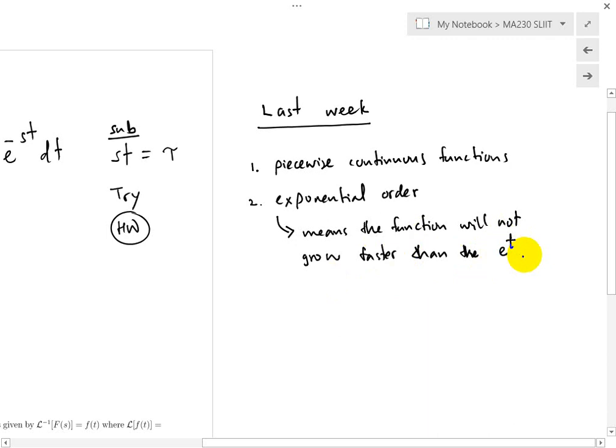Once you multiply by exponential minus st, you are controlling the other one. So that's the idea. And when you integrate, the integral converges, so the Laplace transform exists.